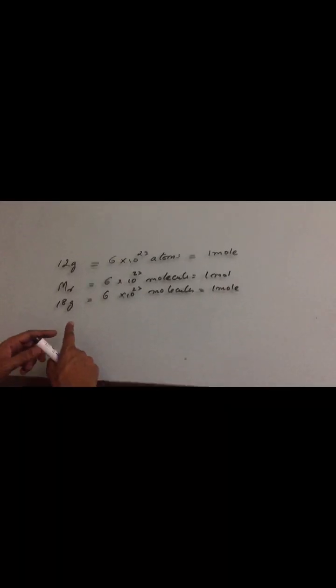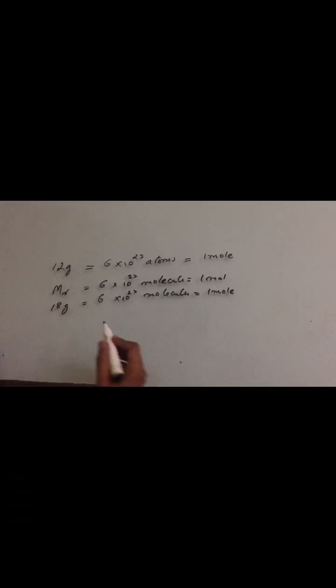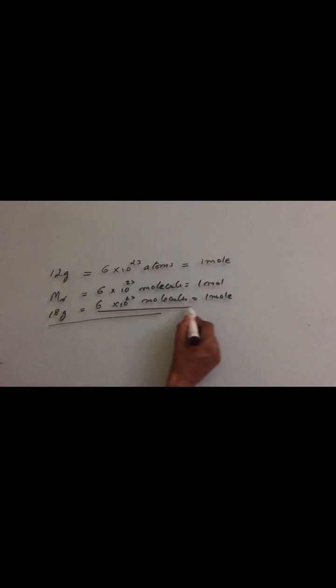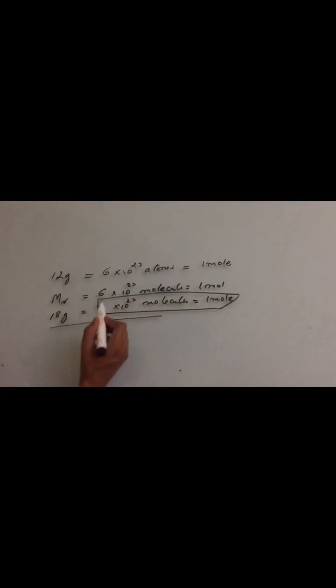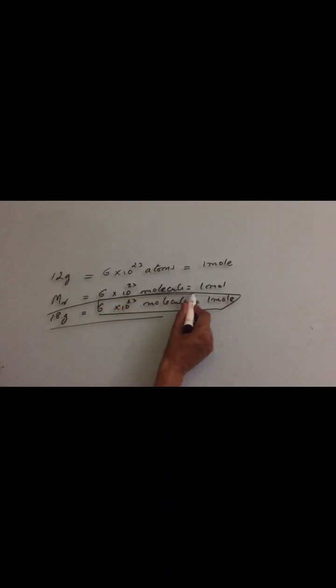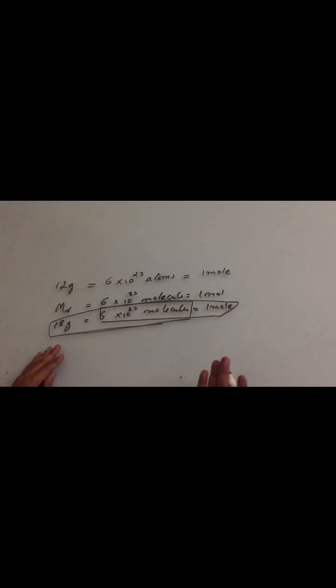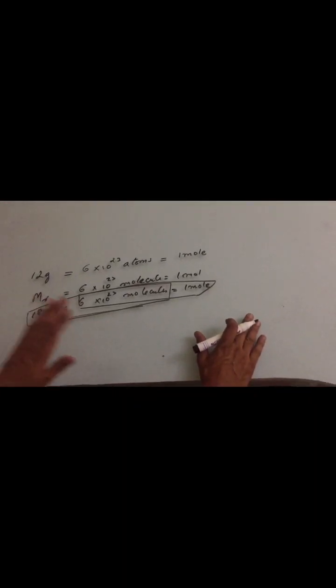Now these are two equations. In your calculations, one value will be known and another value will be unknown. In the ratio method, the unknown value you write on the right-hand side, and the known value on the left-hand side.